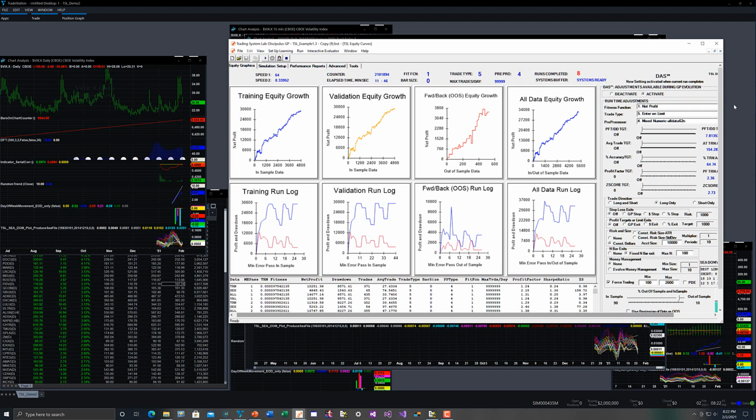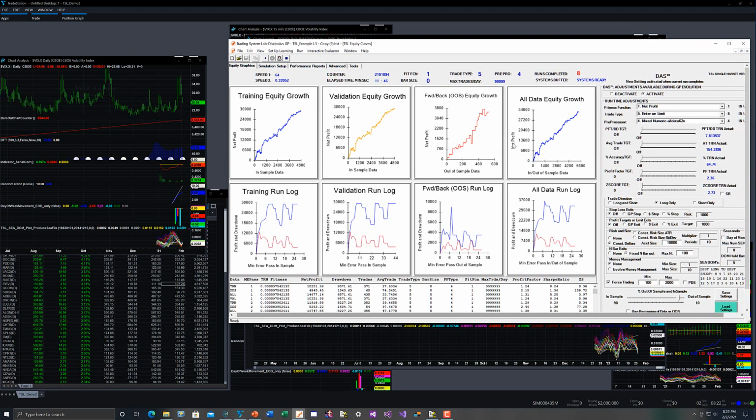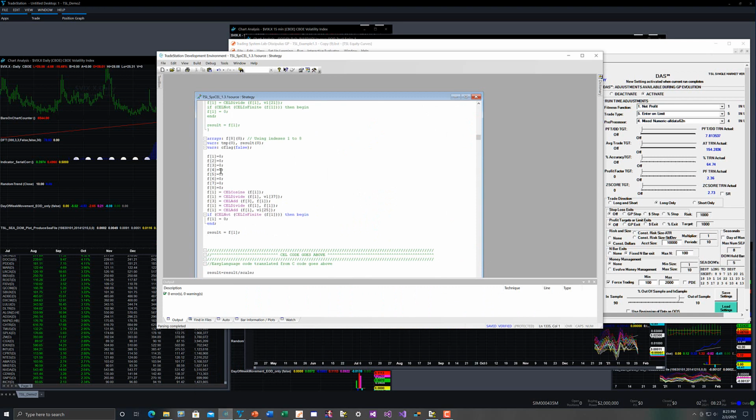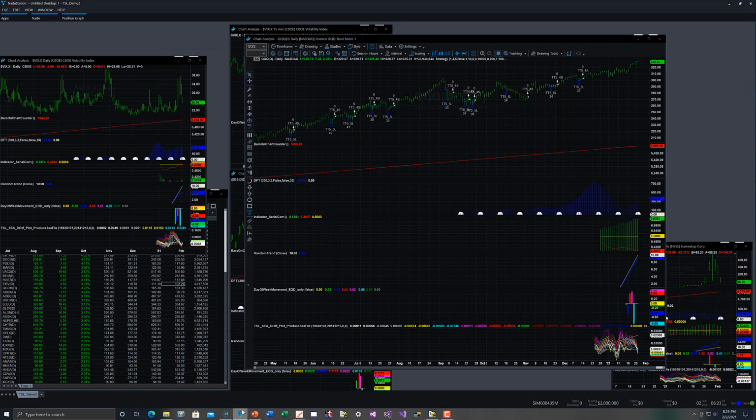We then translated those trading strategies from machine code to C code to easy language with just a few clicks of the mouse. Very powerful process with just a few clicks of the mouse. Then we dropped that code using copy and paste into TradeStation's easy language here and turned that system on in TradeStation, and this trading strategy is ready to trade.